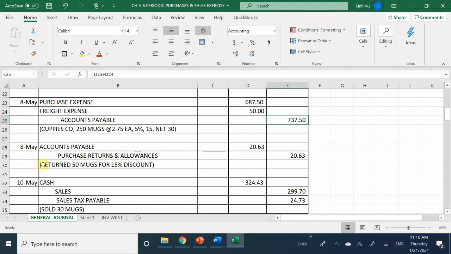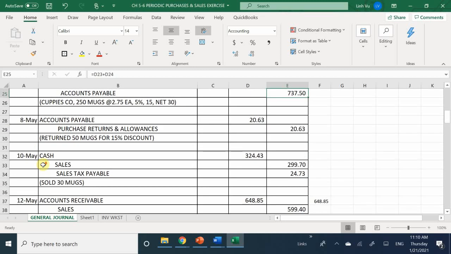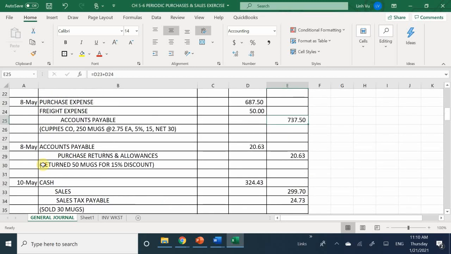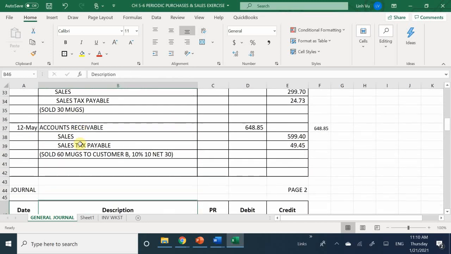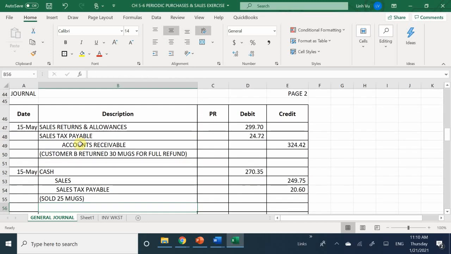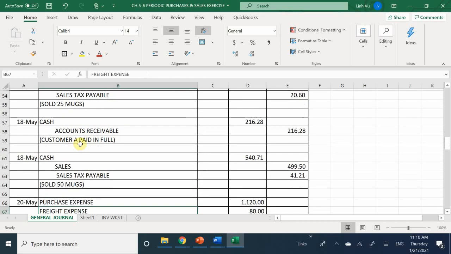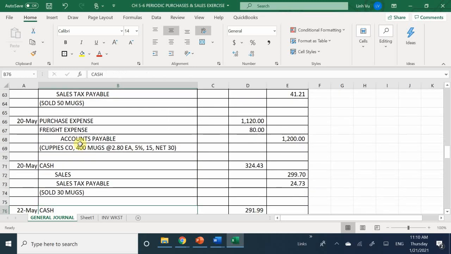Okay, hold on. Let me find it real quick. Or unless that's for the next batch. Let me see. I have accounts payable here. And then I have a sale, accounts receivable, sales, cash. Okay, so that's for the next.